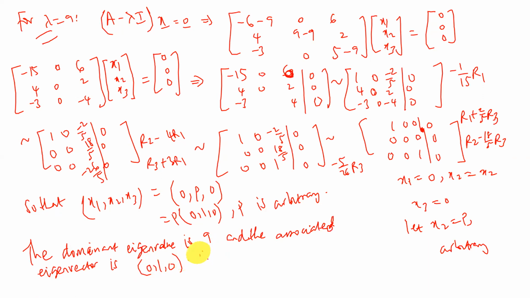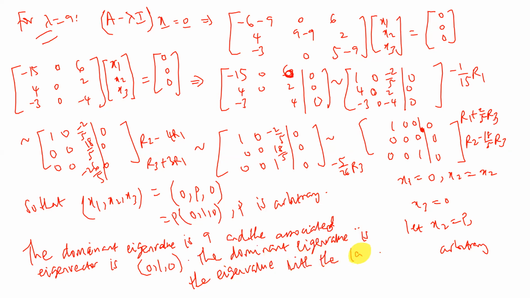The dominant eigenvalue is the eigenvalue with the largest absolute value.